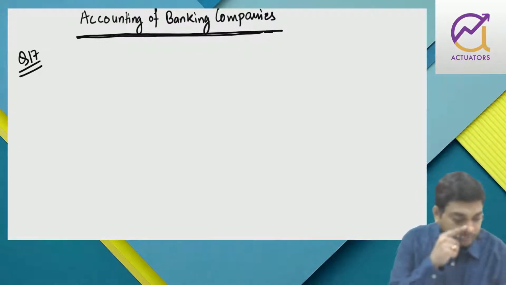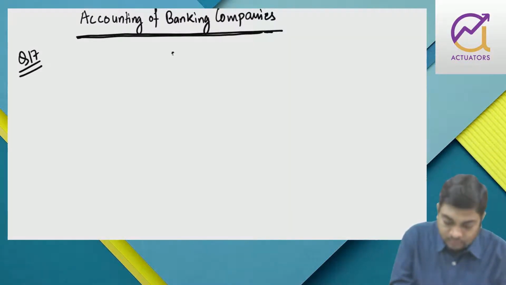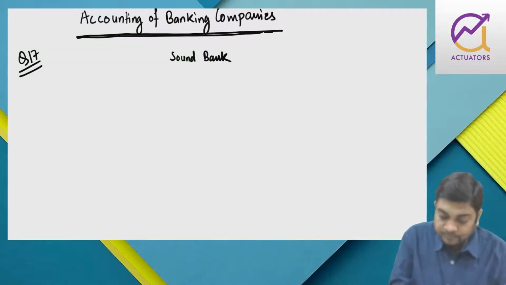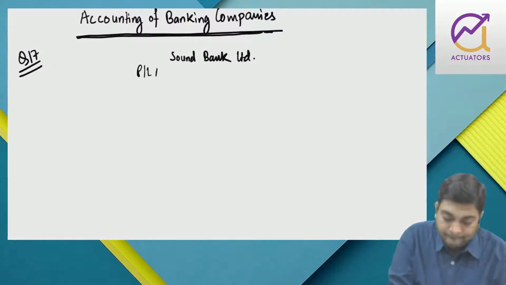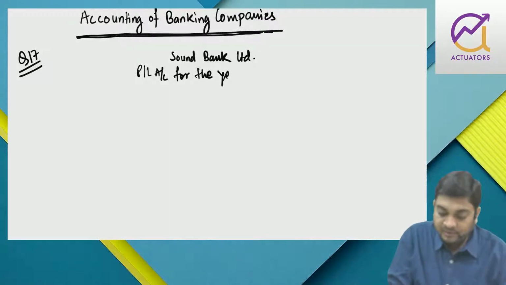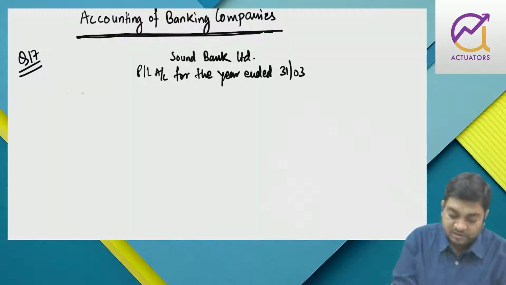So what I'll do, bank limited, profit and loss account for the year ended 31st March.